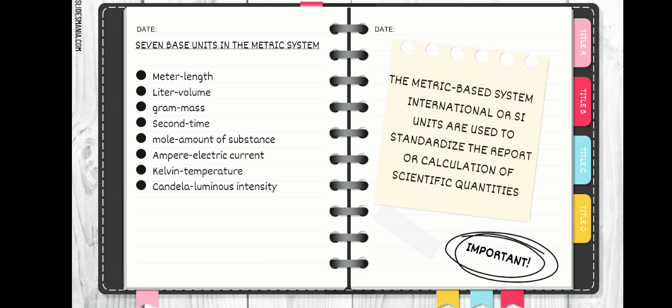These units are based on the modern metric system, or the SI, and based on my research before, it only consisted of the basic units, which are the meter, liter, and gram. But now, since we use the metric based International System, or SI, it becomes 7.